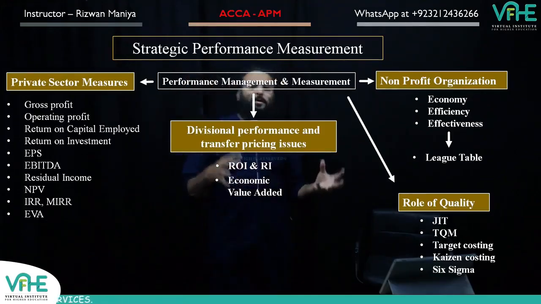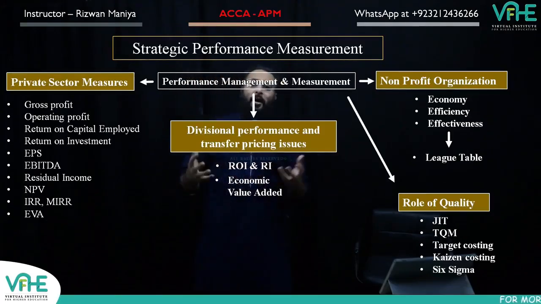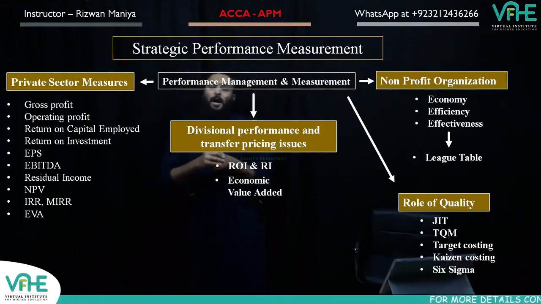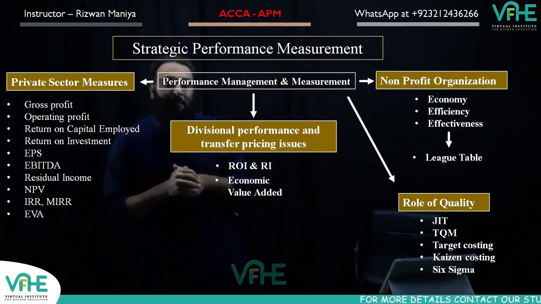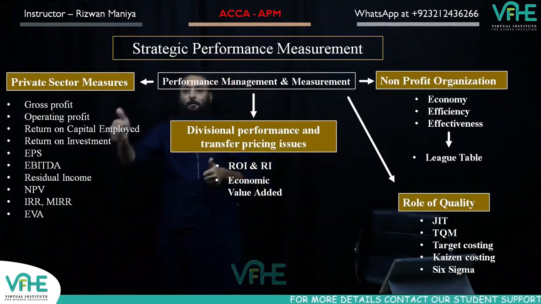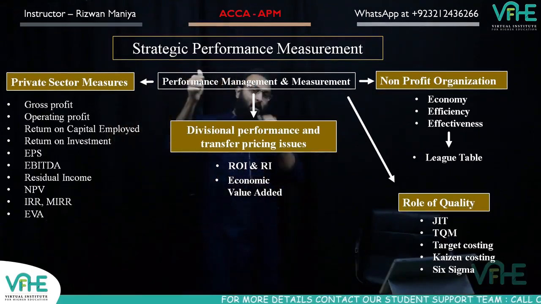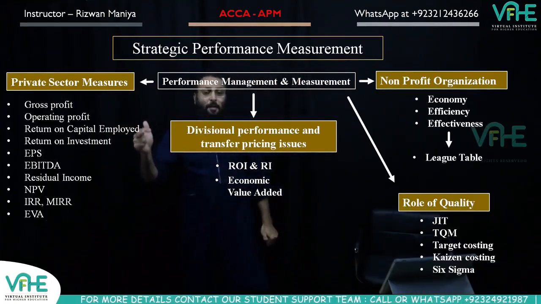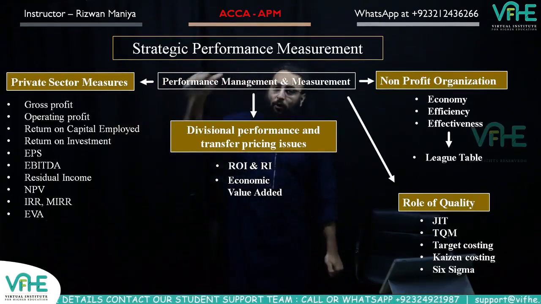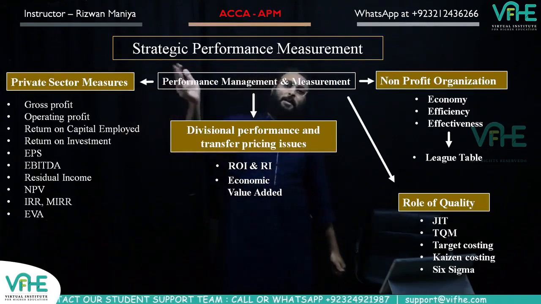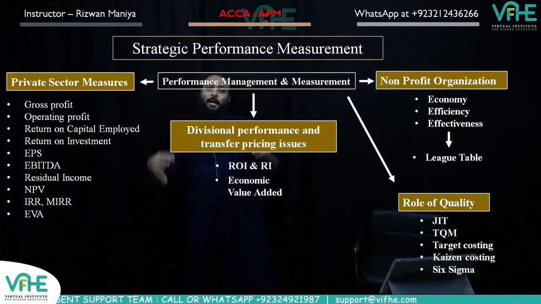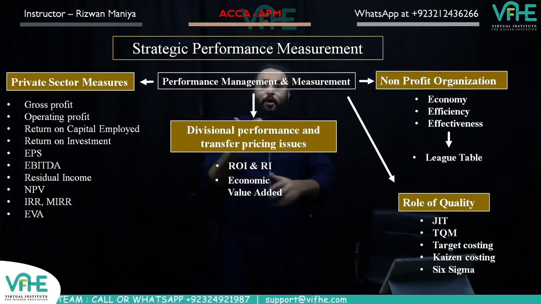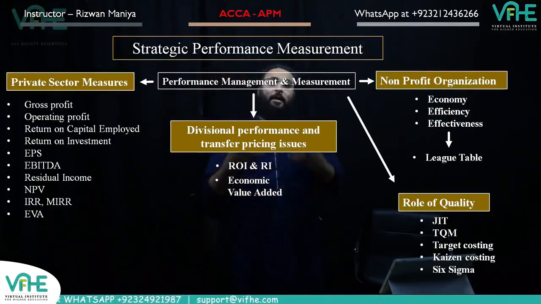So once I use Six Sigma on an ongoing process, I will use the approach known as DMAIC. That is, I will define the problem in the process, I will measure the problem, I will analyze the root cause of that problem, will drill down, look at the root cause, will come up with the improvements, and will implement that, and will control it to continuously monitor whether things are within control or not.